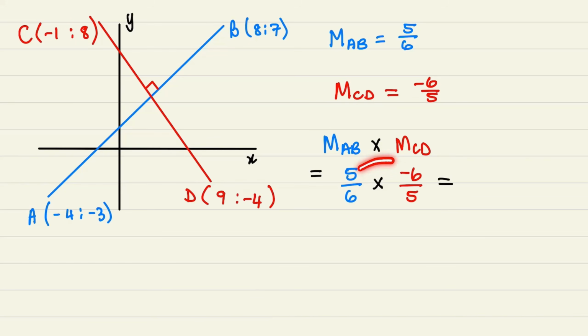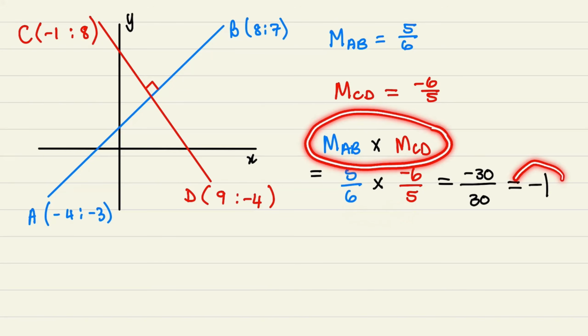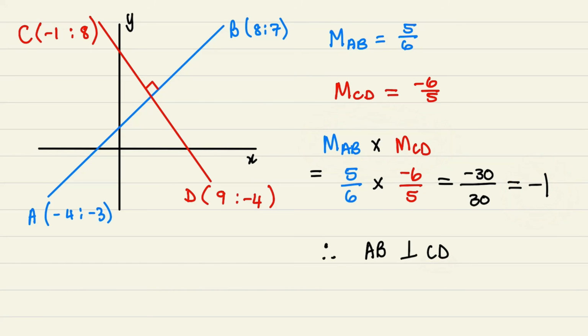And 5 times -6 is -30, and 6 times 5 is equal to 30. Simplifying that becomes -1. And when the product of the two gradients is equal to -1, then we can conclude that line AB is perpendicular to line CD.